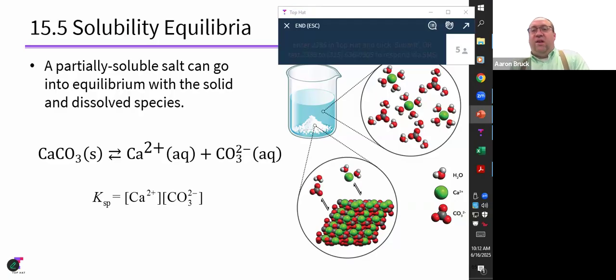But they'll do so in an equilibrium fashion. So as ions are being pulled off of the crystal, other ions will be getting reattached, and the rate of change will be basically the same in both directions once we hit that equilibrium point.